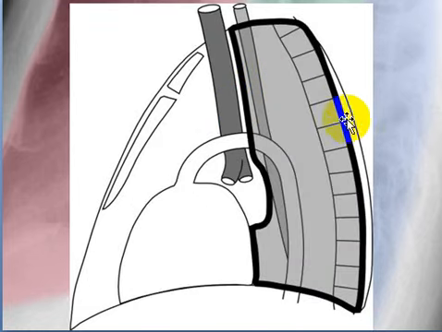Here we see the posterior mediastinum. It is bounded anteriorly by the posterior trachea and the pericardium, and inferiorly by the diaphragm and posteriorly by the vertebral column, and superiorly by the thoracic inlet.